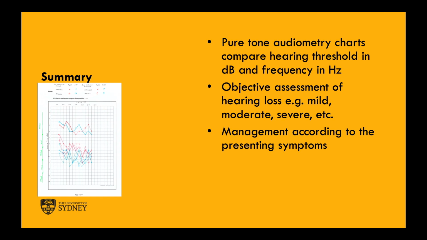More importantly, it cannot be used in isolation, because for every patient we need to take a thorough history, do a good clinical examination, do the other non-invasive and less expensive tests such as otoscopy, and do Rinne's and Weber's tests as well, and then use pure tone audiometry as one of the battery of tests in assessment of hearing loss.